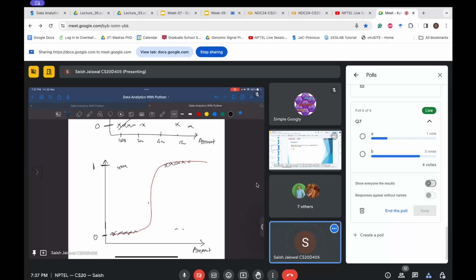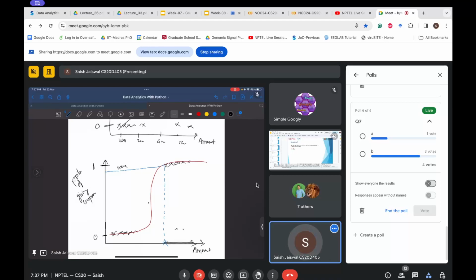So for a given amount, say this is some amount which the person has spent over the last year, I can get the probability of giving the coupon. If you see, the higher the amount spent by the person, the higher the chances of the person getting the coupon.